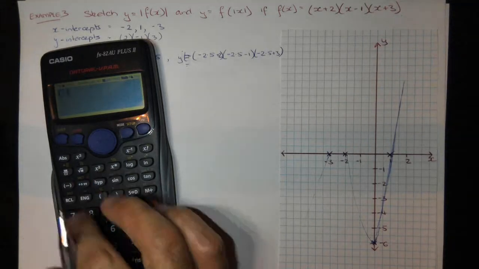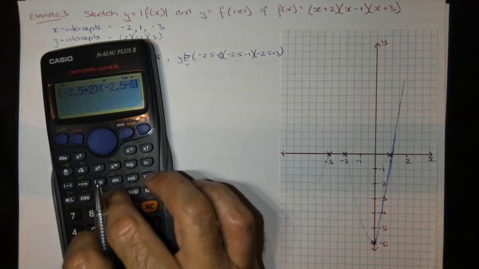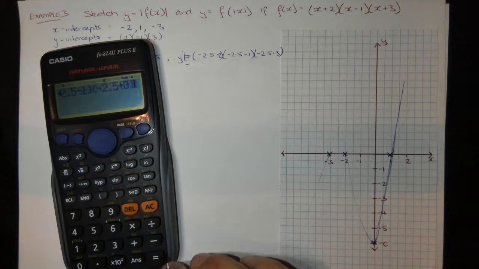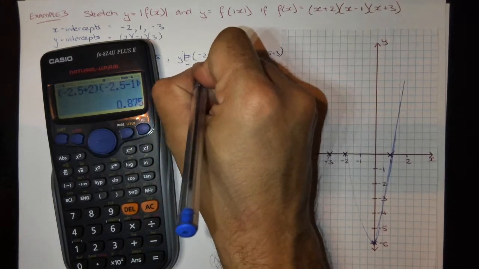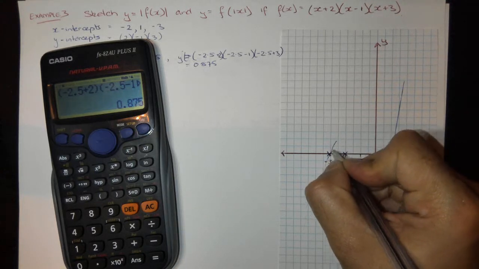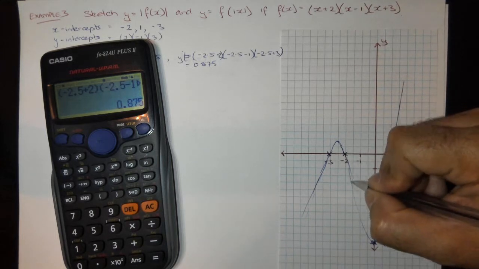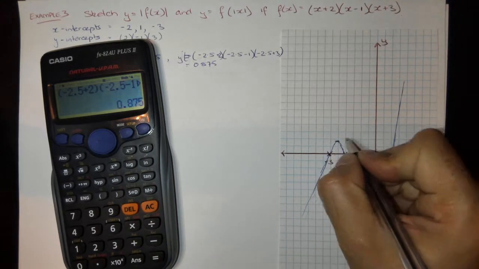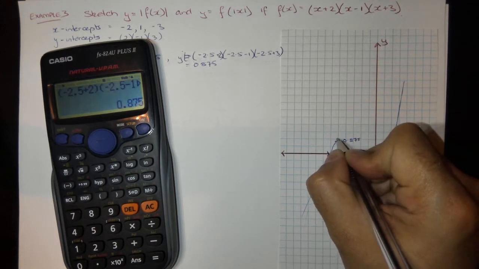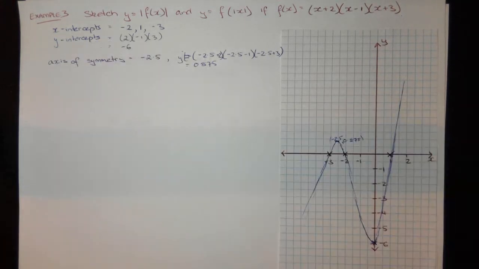So that gives 0.875. So it's just somewhere here. Okay. So that would be 0.875, negative 2.5.